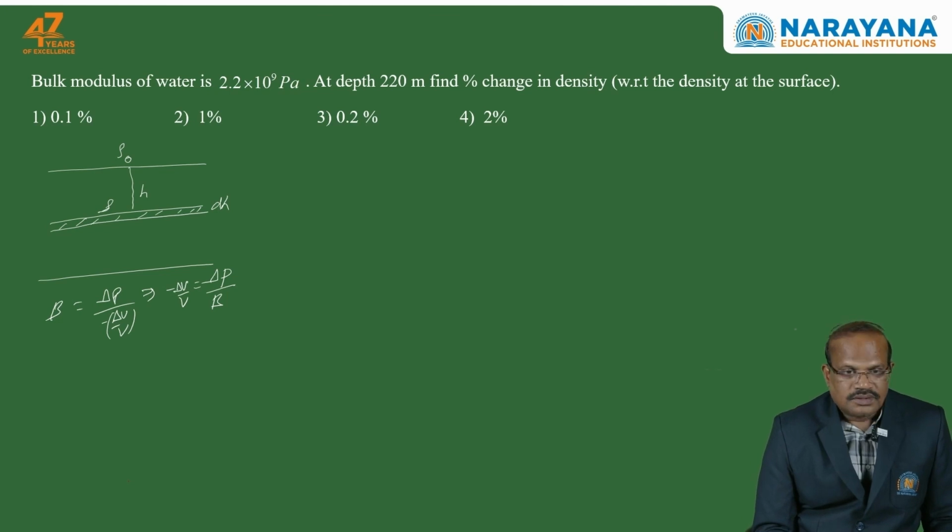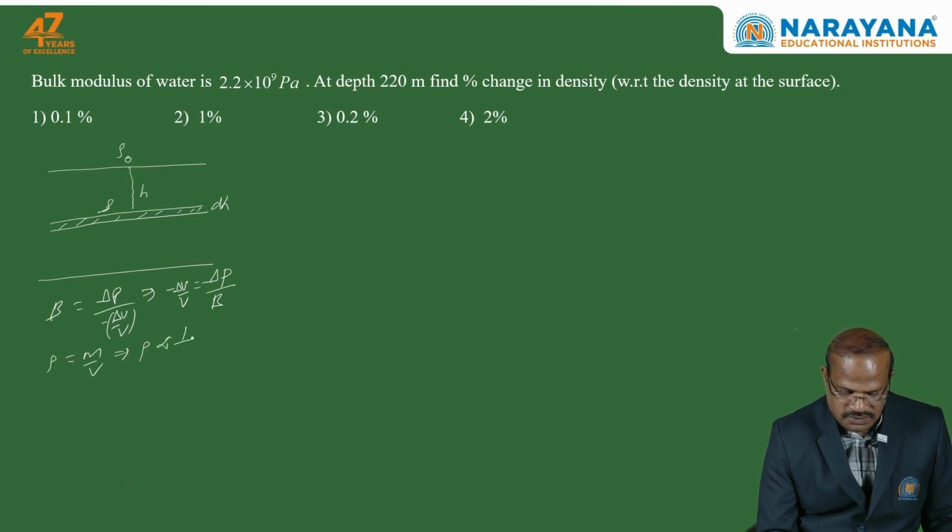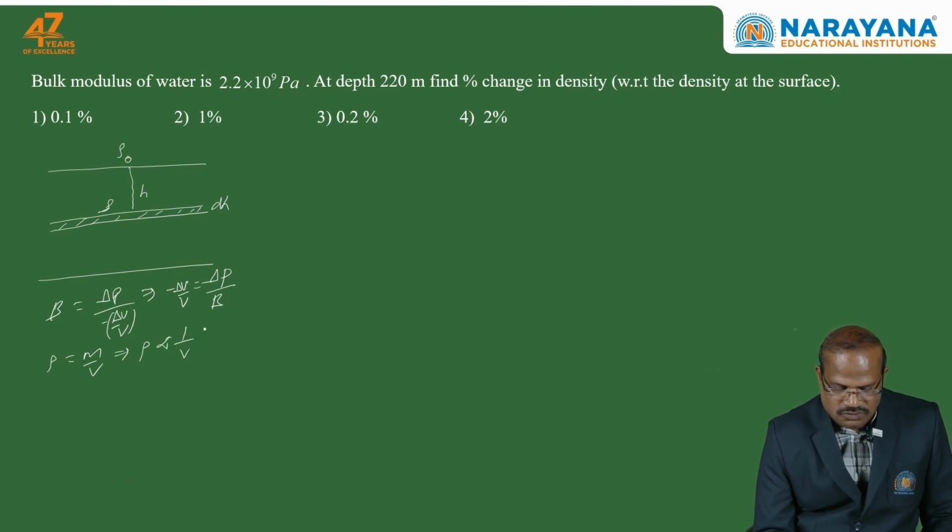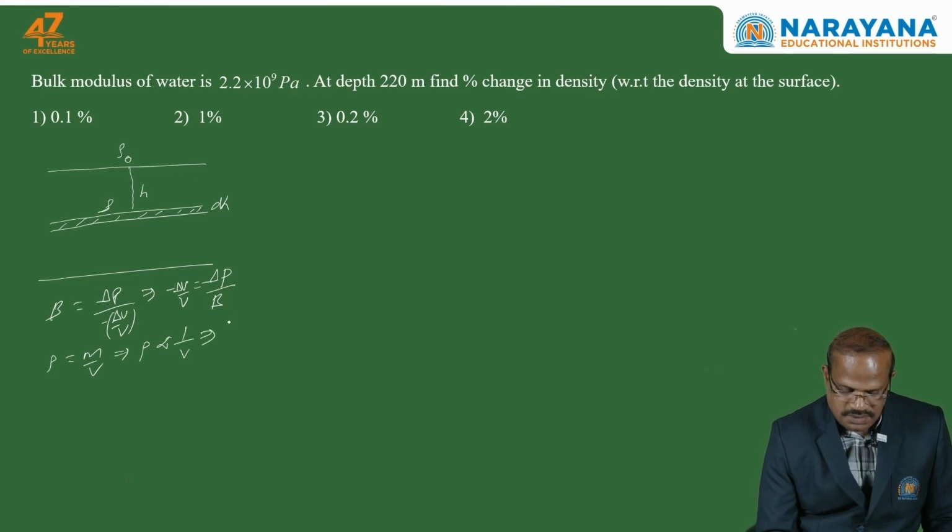In this layer the mass is fixed, so as density rho equals m by V, rho is inversely proportional to volume. That implies delta rho by rho equals minus 1 into delta V by V.